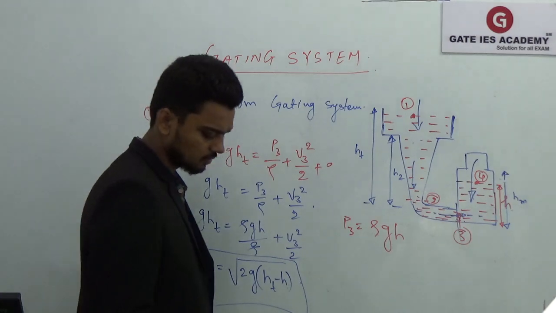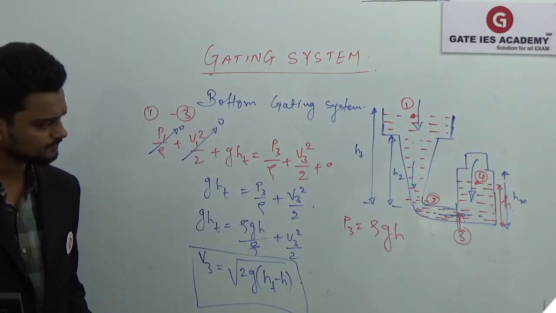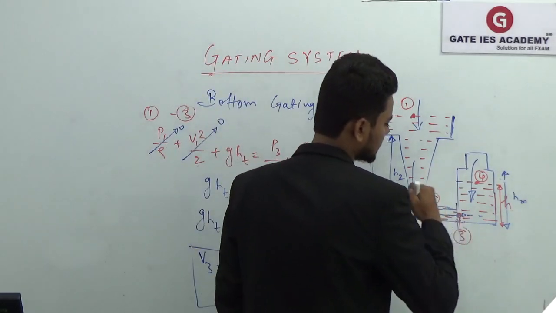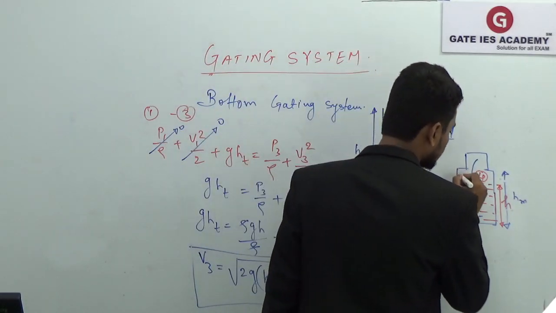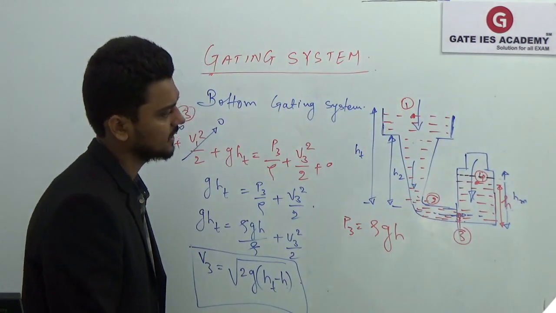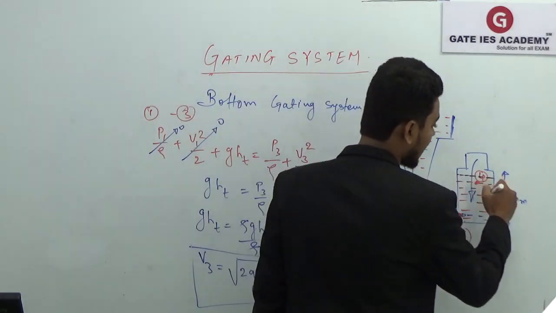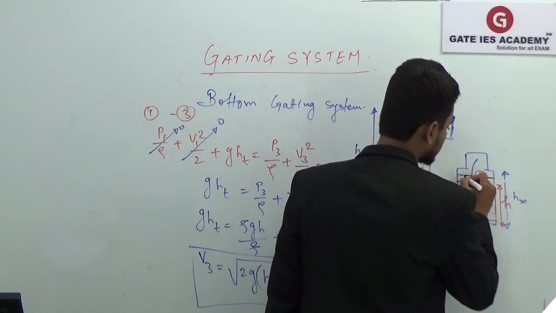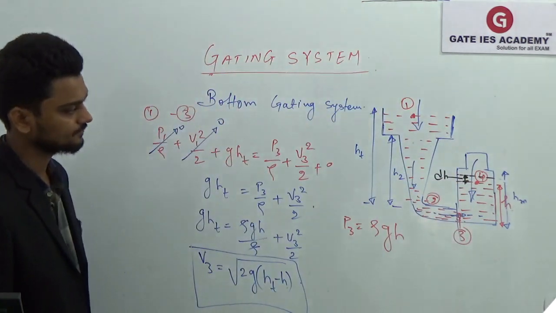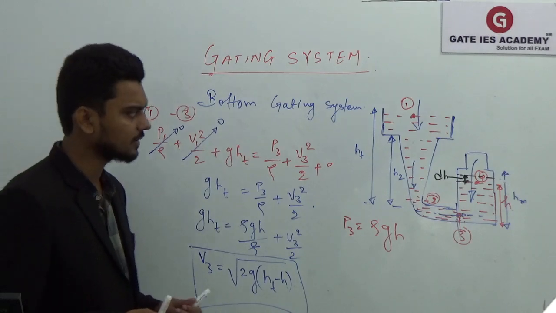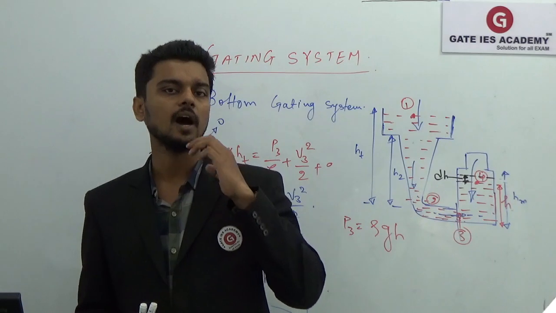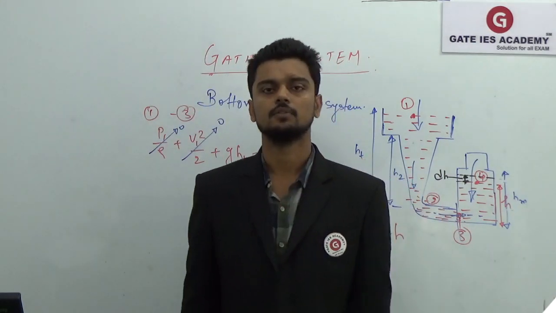Now, what we will do is, the height of the molten metal in the mold cavity has increased from h by, say, dh.